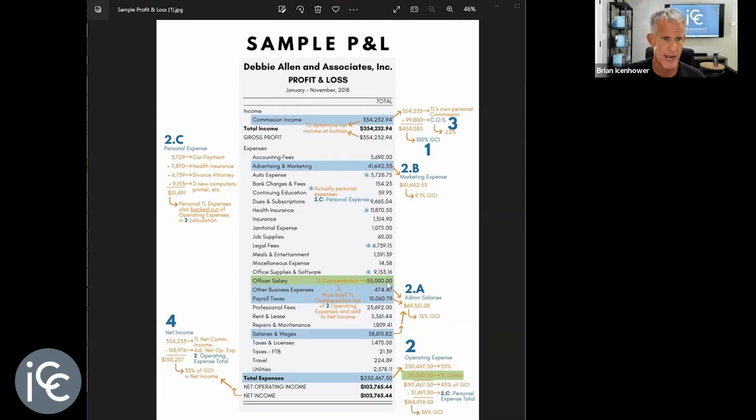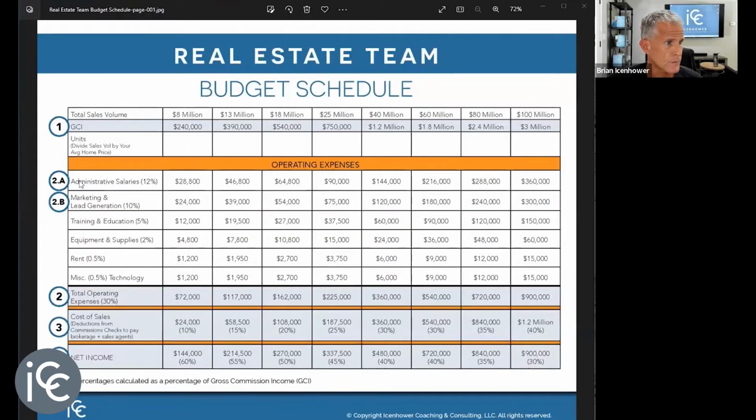So the first thing we've got to look at is 2A, and that's a circle on our budget. Remember, the two biggest parts of operating expenses that I showed you back on the budget were 2A and 2B. 2A is administrative salaries and 2B is marketing and lead gen.